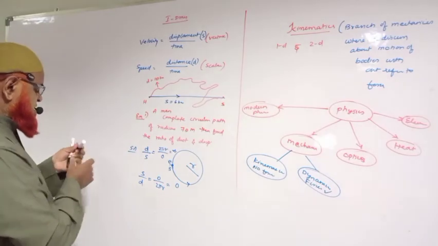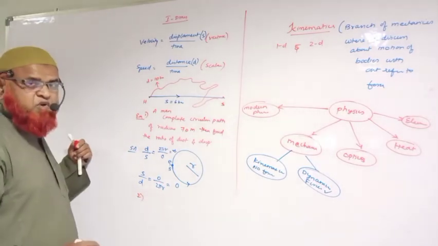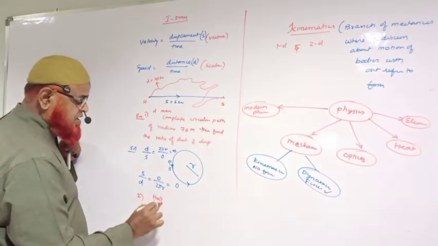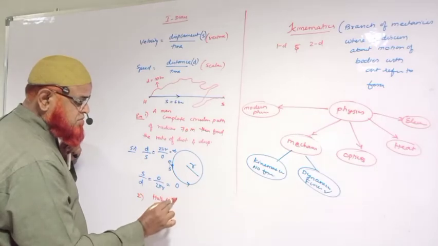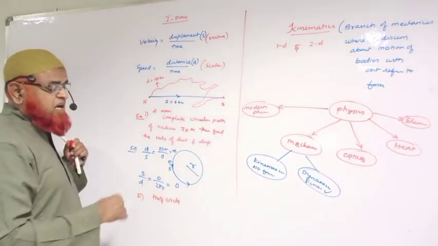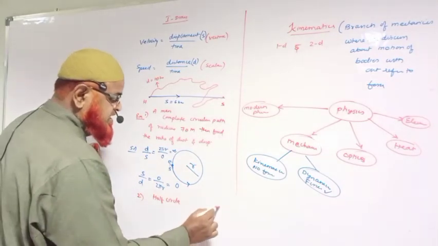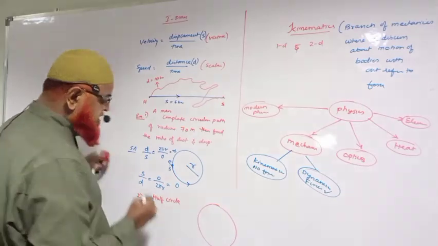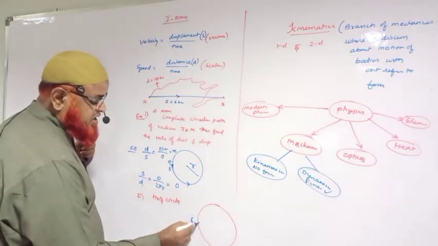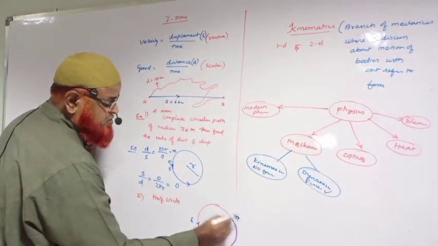First part of the question. Then what is the second part of the question in the same case? In the second part, if he says half circle, if a man takes not a complete circle, only a half circle, then what is the ratio of distance and displacement? So this is a complete circle, but if you observe, this is the starting point of the man and he is going to reach the opposite end, which is the ending point.